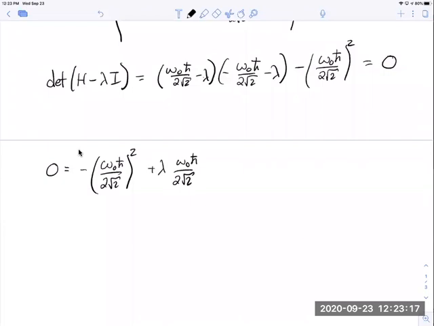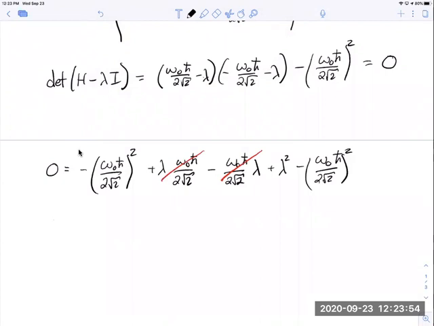Then I have the minus omega naught h bar over 2 square root of 2 times lambda, plus lambda squared, minus omega naught h bar over 2 square root of 2 quantity squared. So there is, of course, some fantastic happy rejoicing because I am going to now cancel things, which is, of course, my favorite part in math, right?